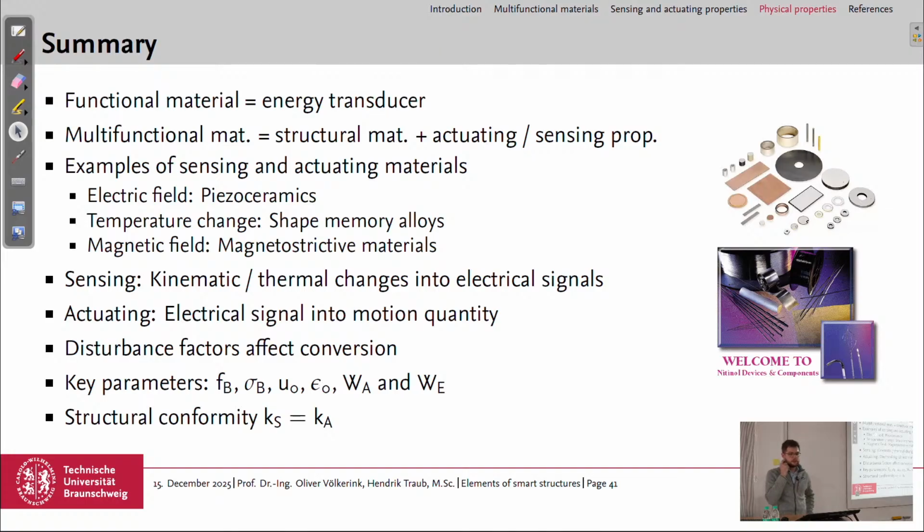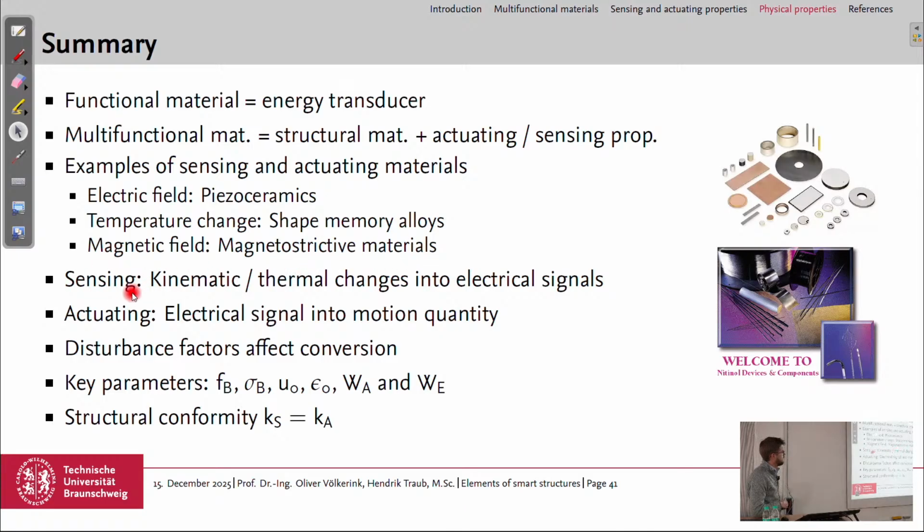With that, we come to the summary of this lecture. Functional materials are energy transducers. Multifunctional materials are structural materials which also have actuating and sensing properties, like for example piezoceramics. We have had examples of sensing and actuating materials: for electric field, piezoceramics; for temperature changes, shape memory alloys; and for magnetic field, for example, magnetostrictive materials.